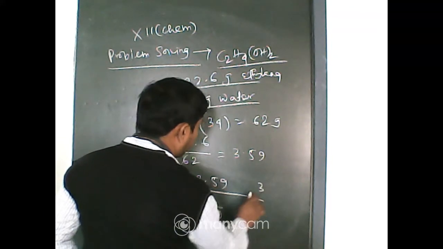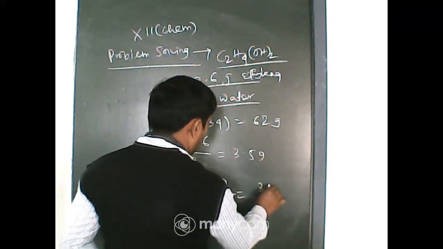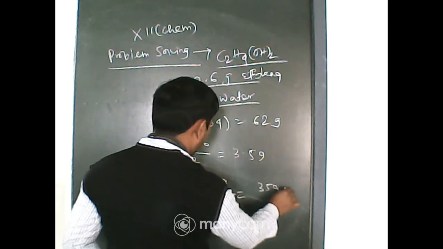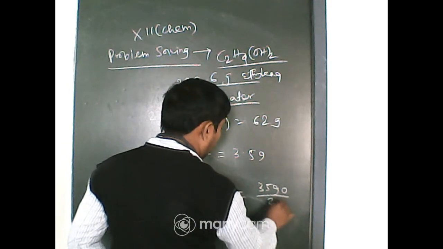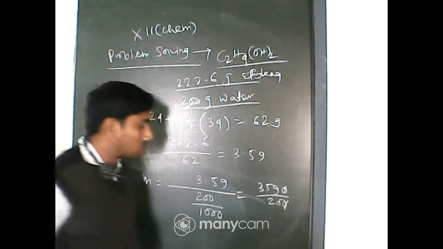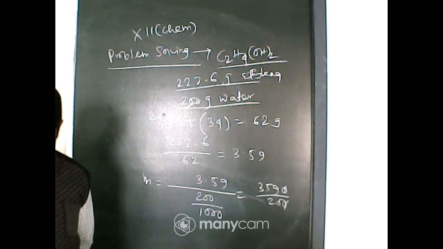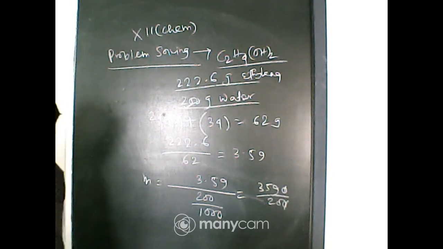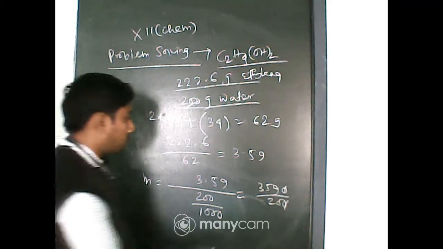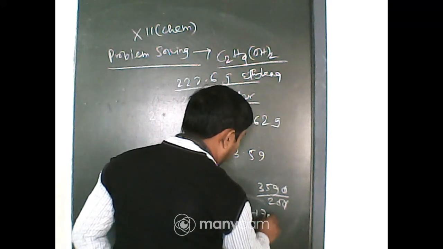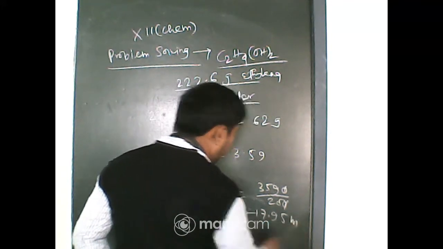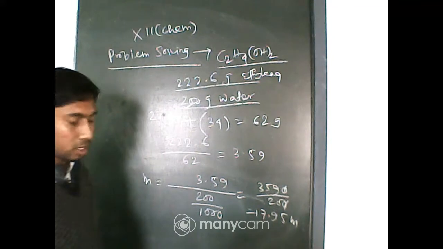So 3590 divided by 200, so 359 divided by 20, 17.95. 17.95 small m, molal.